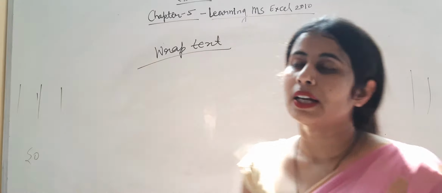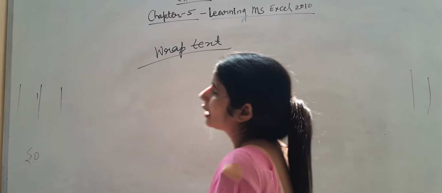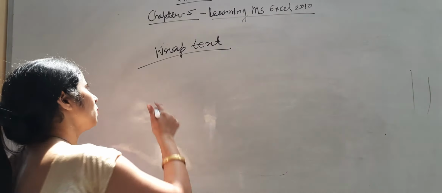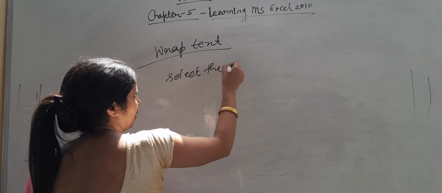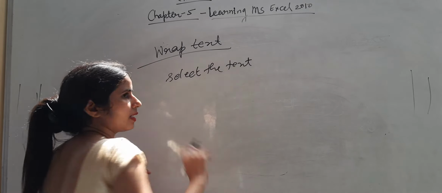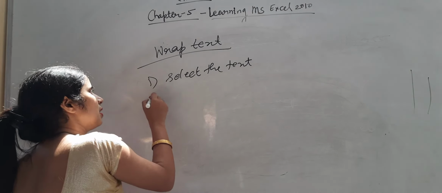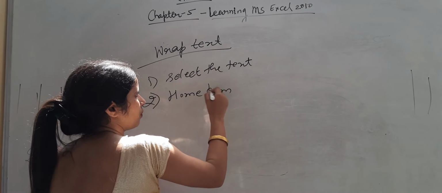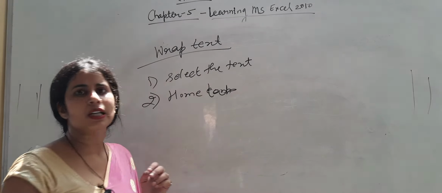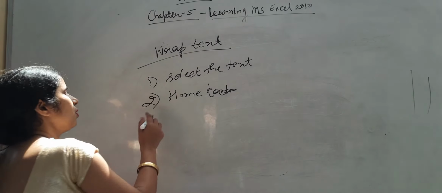And you can do wrap with the same steps that you followed for merge and center. Here also, at first you have to select the text that is in different cells. Then you have to click on the Home tab.